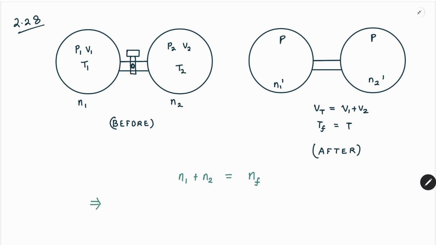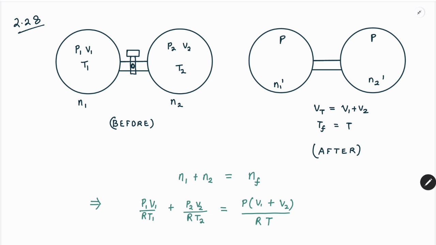If we apply the ideal gas expression PV equals nRT, N1 can be written as P1 V1 by RT1 plus P2 V2 by RT2, and in the final scenario it is going to be final pressure P, volume V1 plus V2, by R, T final, which we are writing as T. This is going to be the first expression.